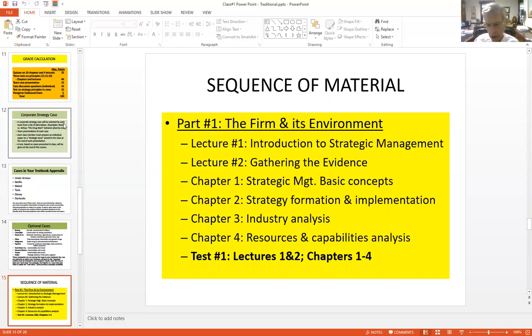It's got 2 lectures, and it's about the basics. It's about basic strategic management concepts, about how we gather evidence regarding the industry, the economy, the market, and the firm's capabilities, its resources, and so forth.